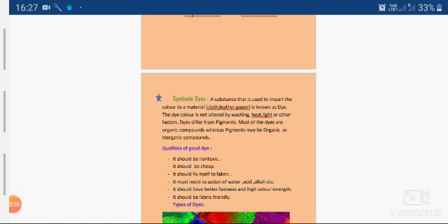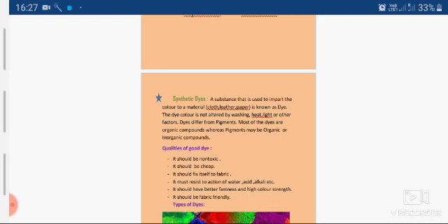Another colored compound is pigments. Both are coloring materials, but the dyes differ from pigments. The pigments wash away, but dyes do not easily wash away.